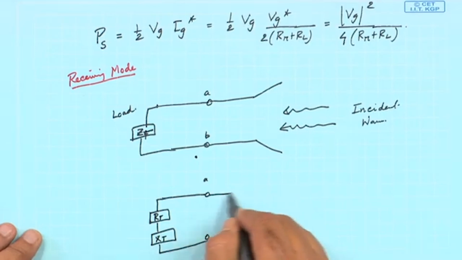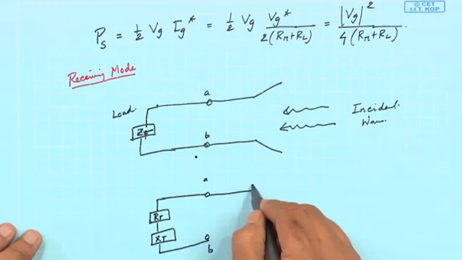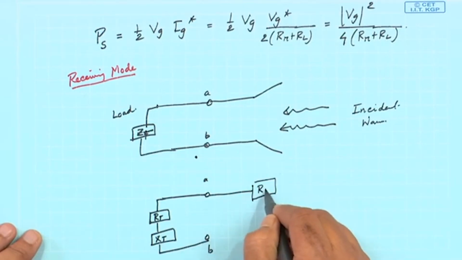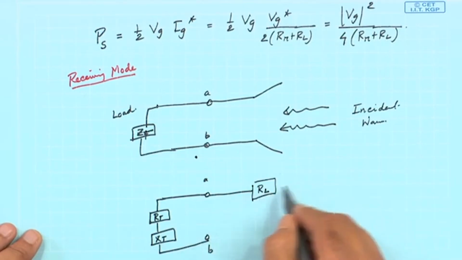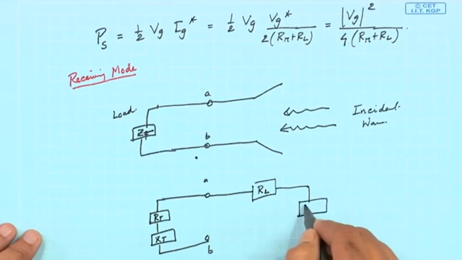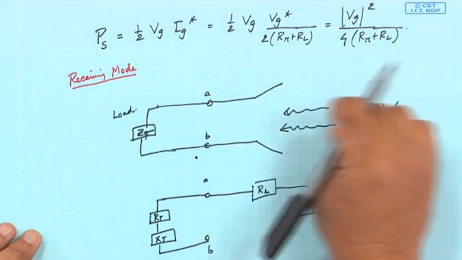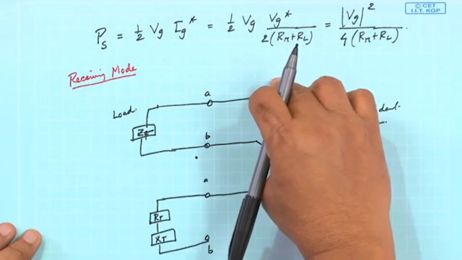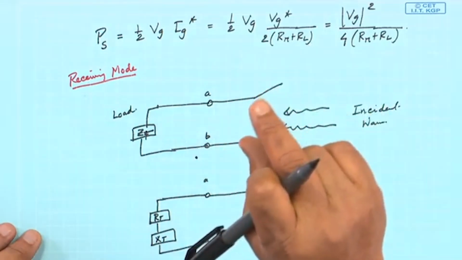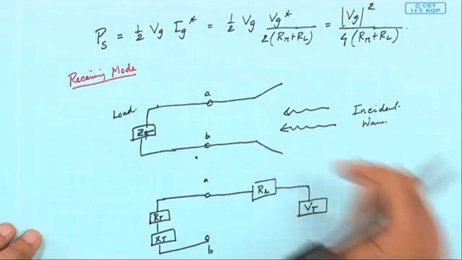And this antenna I know how to model. So, there will be a lossy part R L, then there will be an induced voltage on the antenna, because this incident wave is coming. So, at the antenna's output terminals, there will be a voltage induced because of this field.